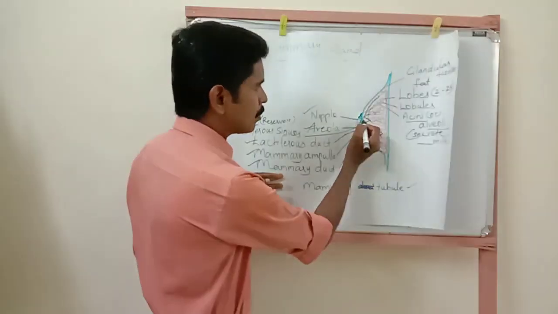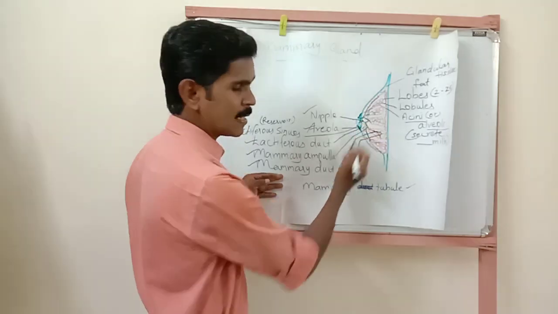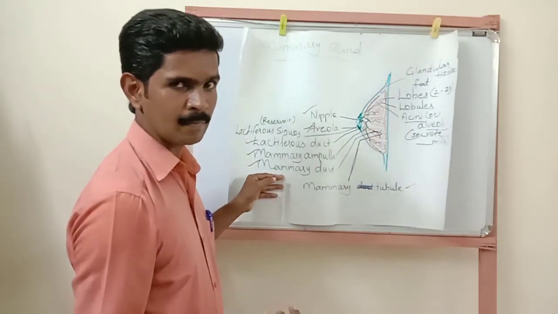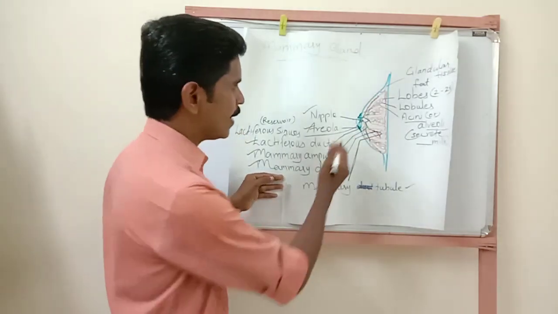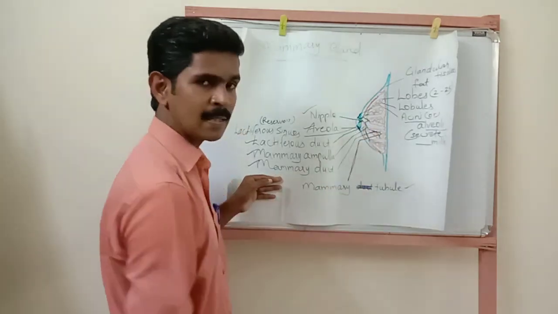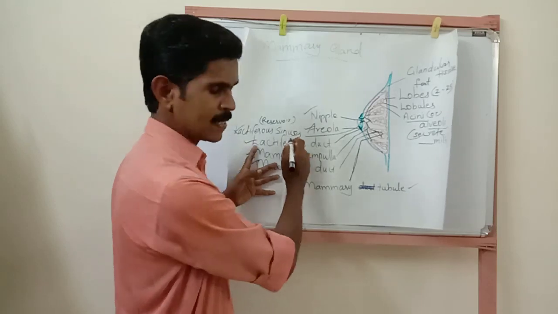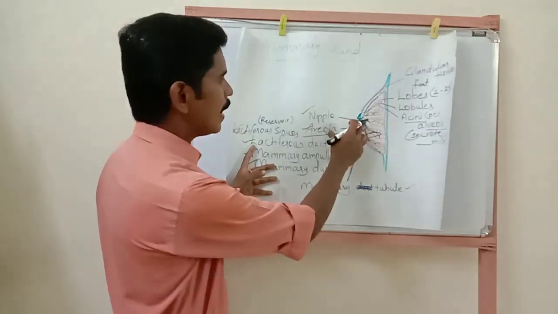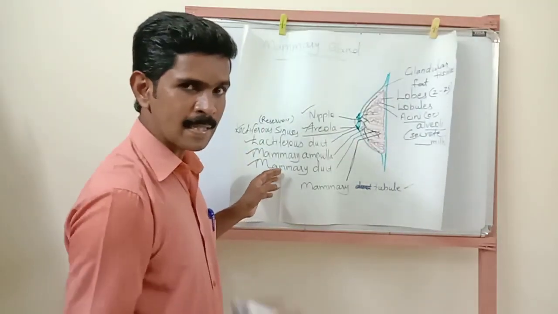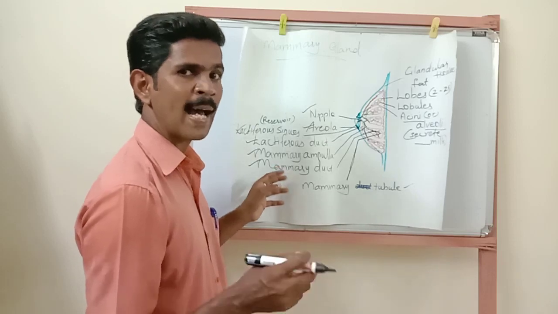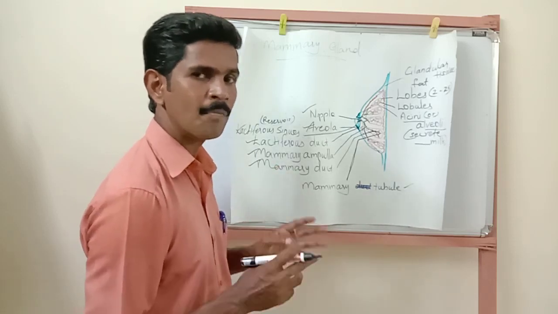And the end of this lactiferous duct expands. Okay, listen. This end of the lactiferous duct expands, and this region is called the lactiferous sinus. This lactiferous sinus region acts as a reservoir of milk.